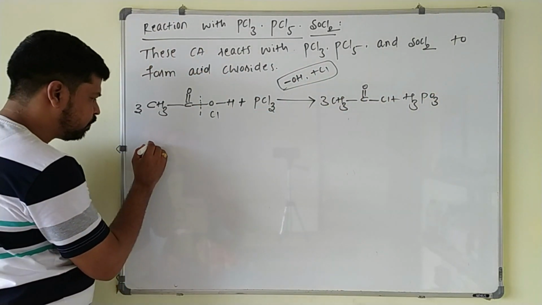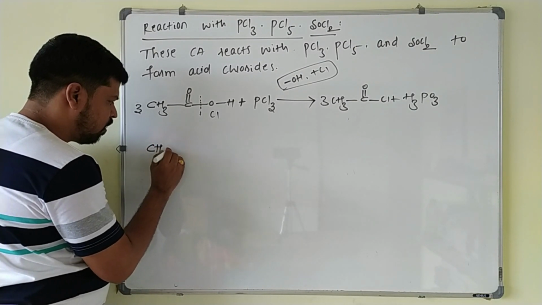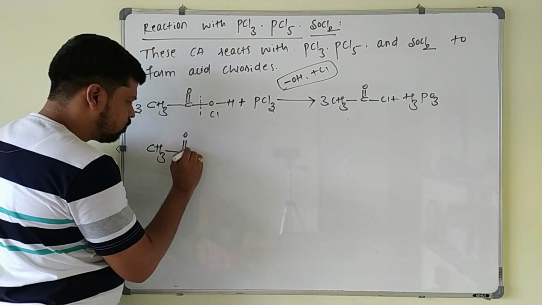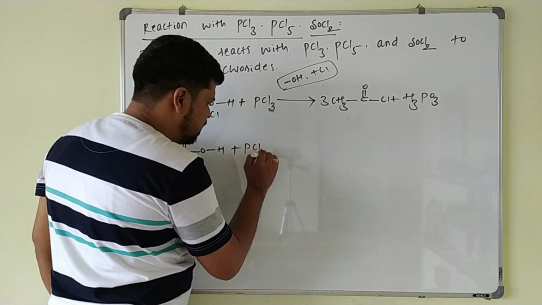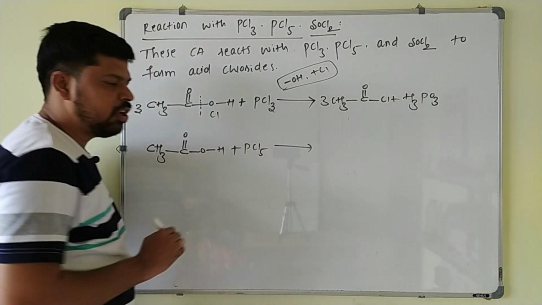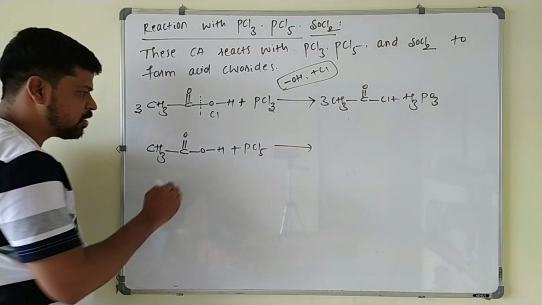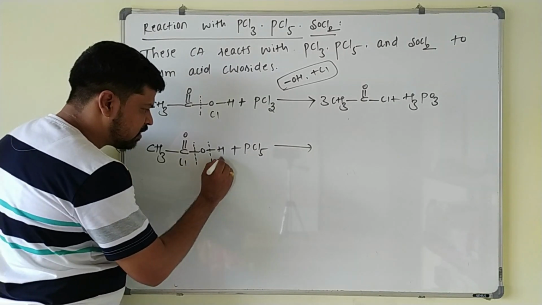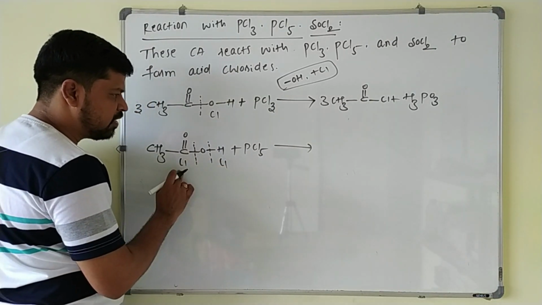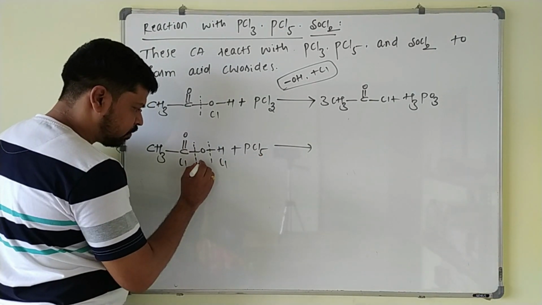Suppose you take the reaction of acid with PCl5. Whenever PCl5 is there, you have to take only 1 mole of acid just to break the carbon oxygen bond here. You add 1 Cl this side, another Cl this side. So 2 chlorines are utilized here. What is left? PCl3.